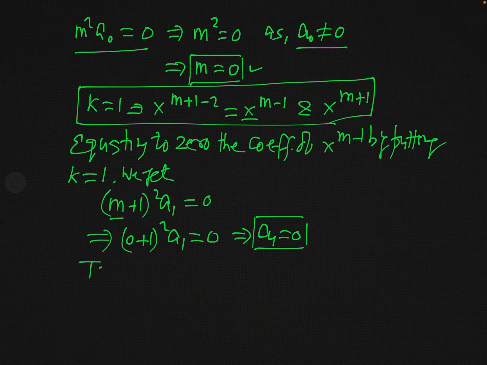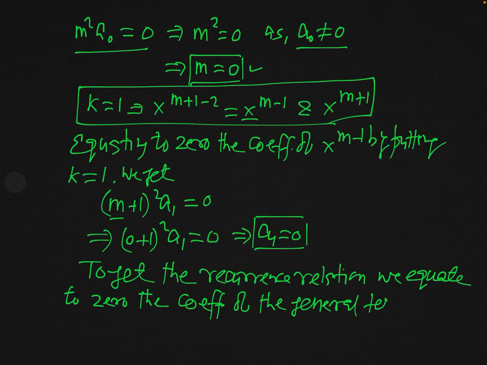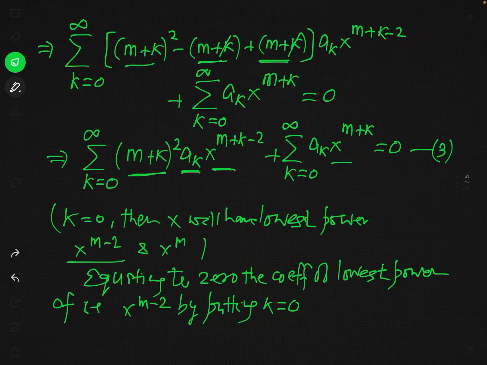So, to get the recurrence relation, we equate to 0 the coefficient of the general term, that is x to the power m plus k, in equation 3.